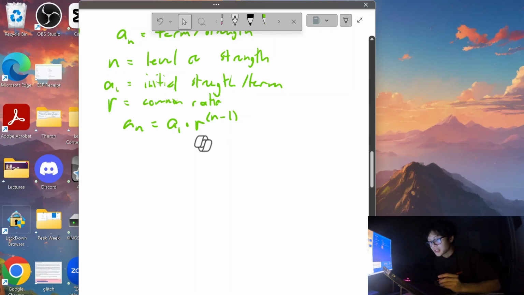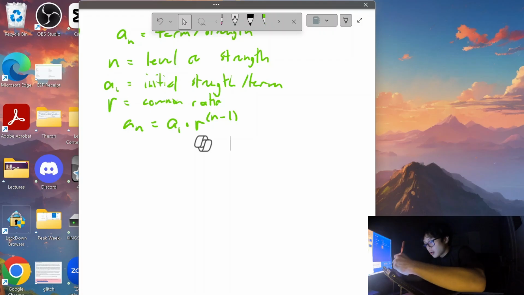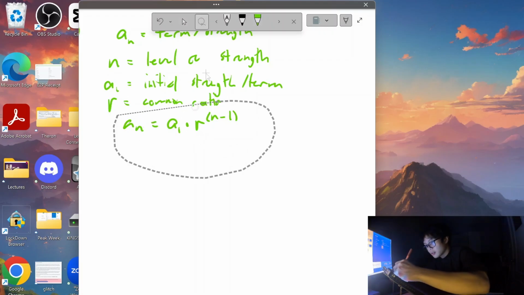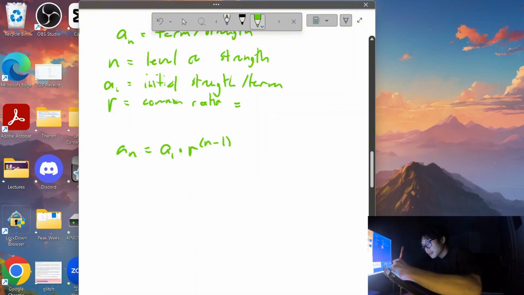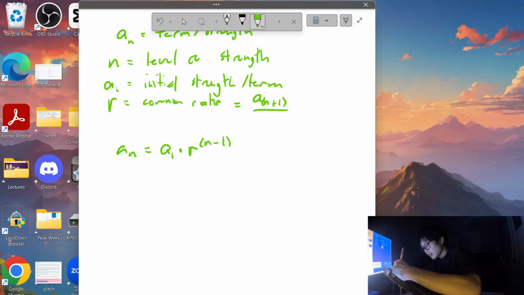That's essentially the relationship. And r is equal to a_(n+1) over a_n. That's essentially the relationship here.